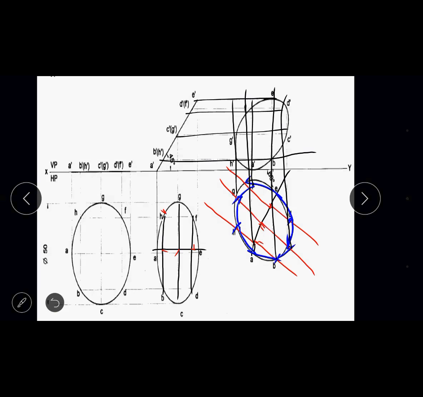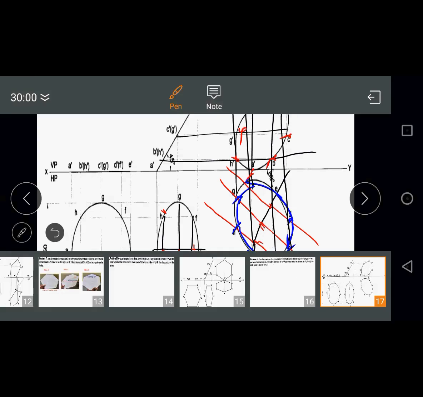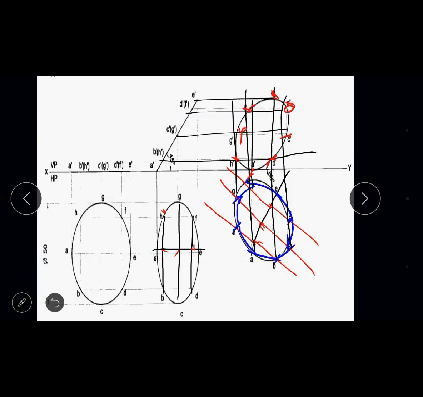So study the locus point and then mark those 8 corners. You can see the first corner is here, second corner, then third, fourth, fifth, and then sixth, seventh, eighth. So mark those 8 corners and then go for the freehand sketch.